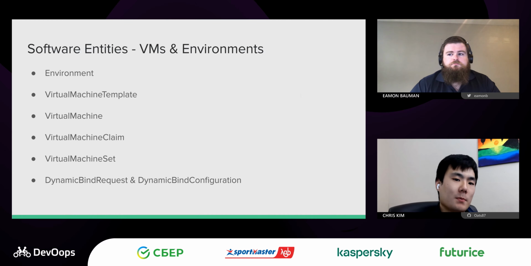The other reason we would primarily use dynamic bind is that in a pre-scheduled event where we knew a rough number of users we would have, we could pre-provision a certain number of virtual machines with the intention of having enough for the users that show up.